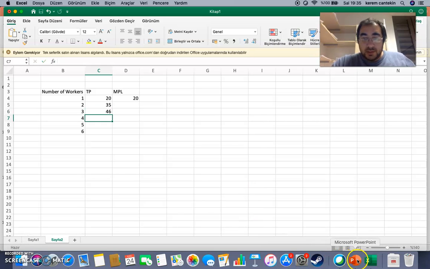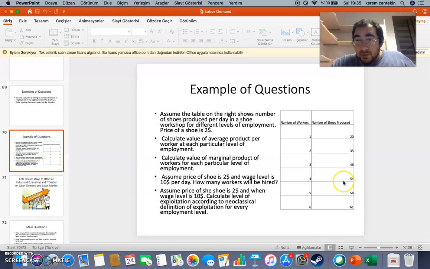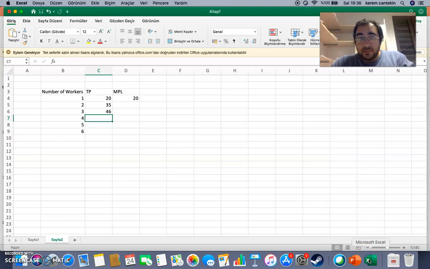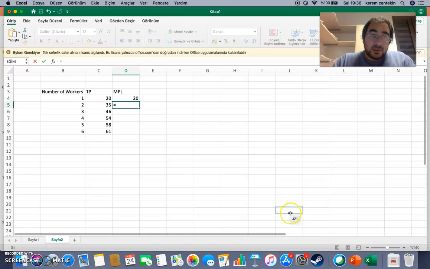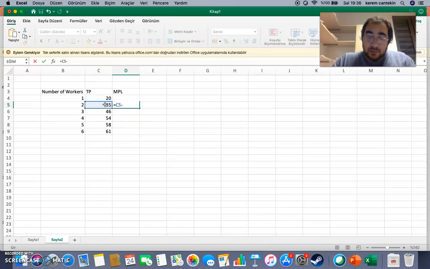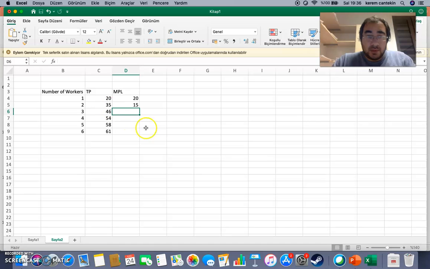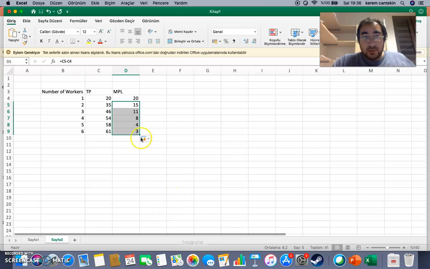The first one is the same, 54, 58, because when you have 0 workers, you don't have any production. For the others, we just need to subtract this one from the previous one. So this is the marginal product of labor.